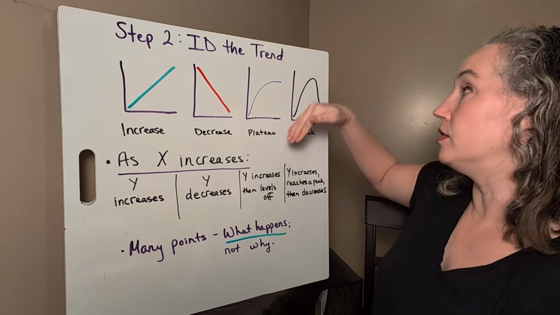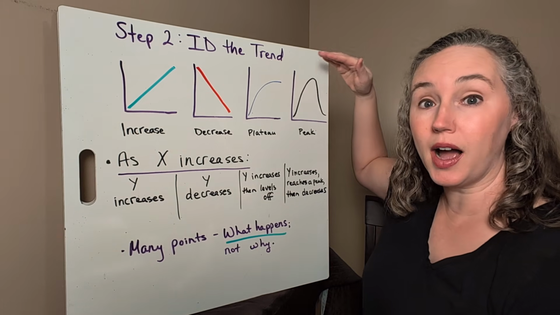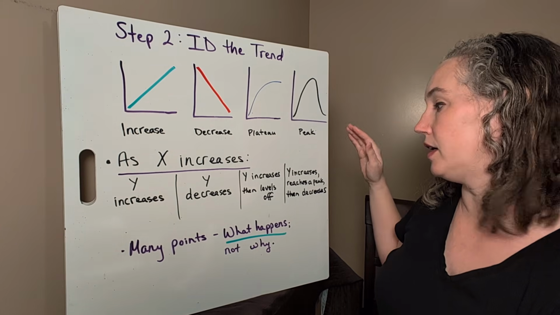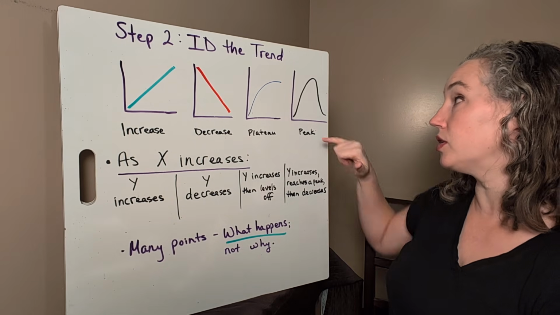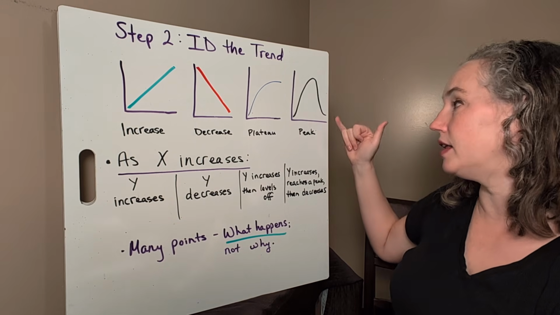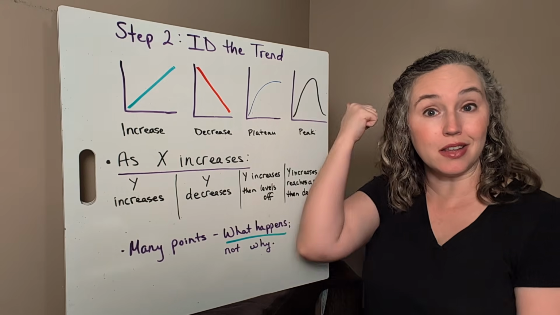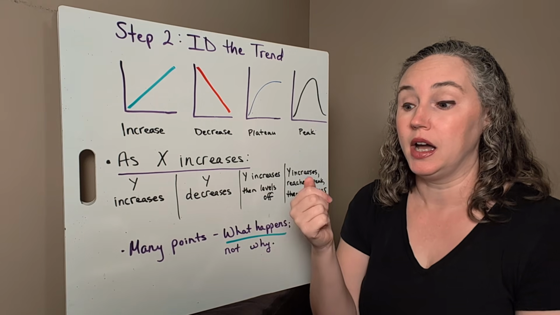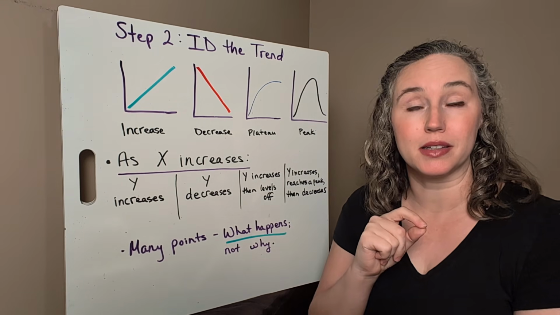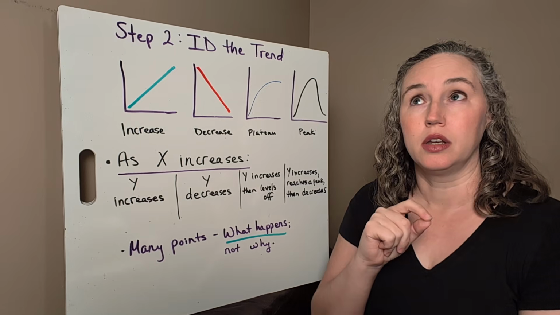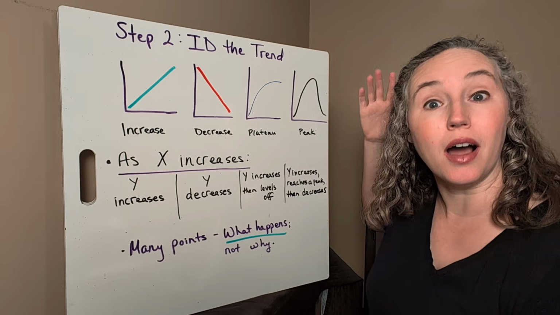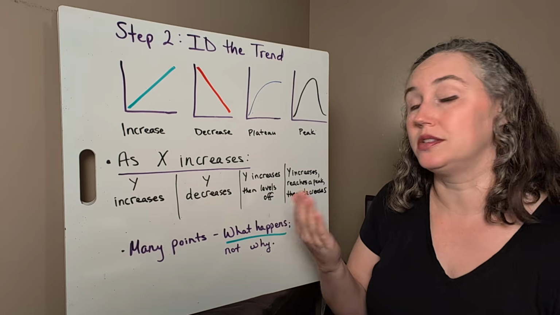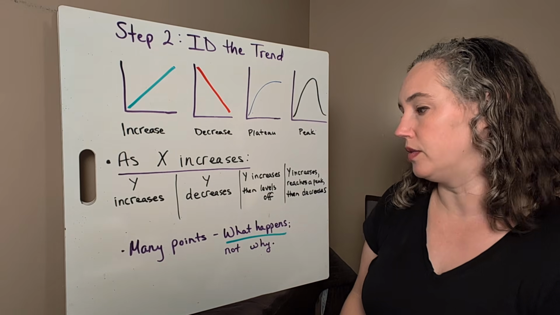A peak is where it goes up, reaches a high point, and then goes back down. So in this case, as x increases, y increases, reaches a peak, and then decreases. You're going to see this one on things like how enzyme activity changes due to temperature and pH, right? And this peak will be the optimum. You could see that in many other cases as well.